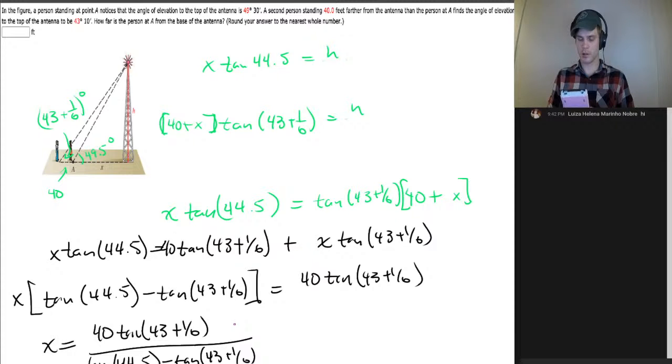It's divided by tangent of 44.5 plus the tangent of 43 plus 1/6. Which is 838.8. Rounded to the nearest whole number is 839.